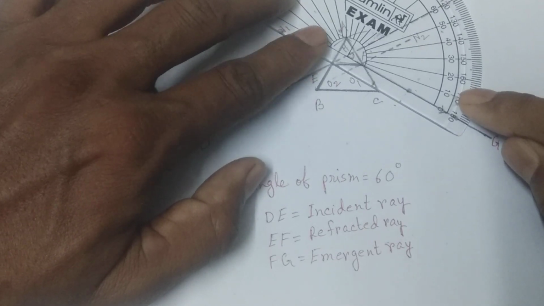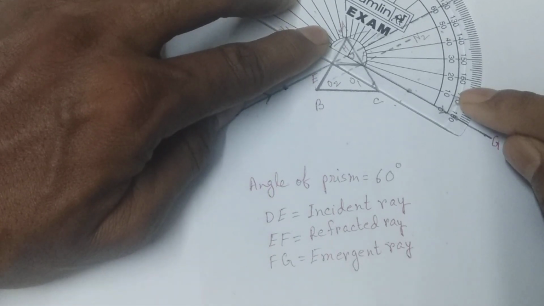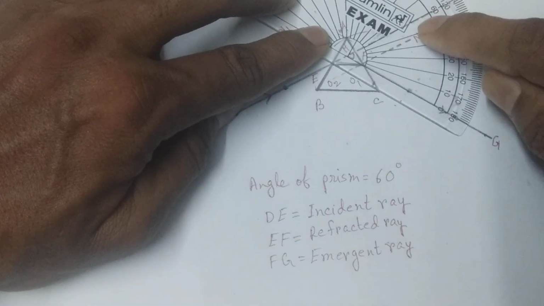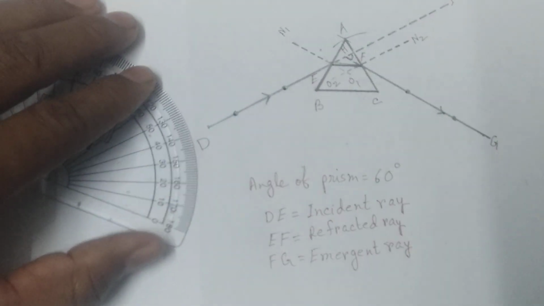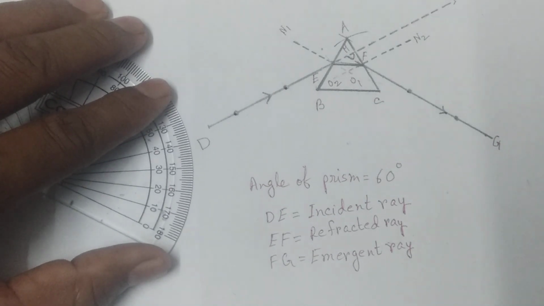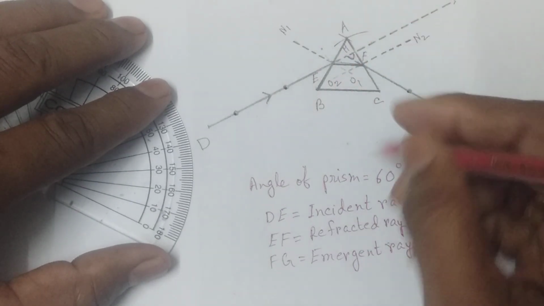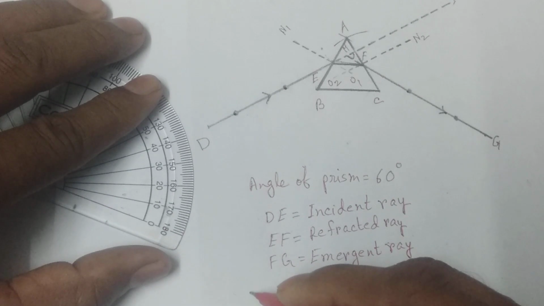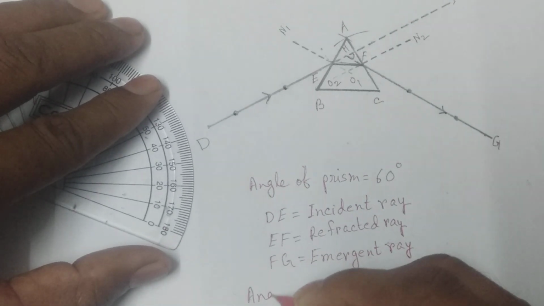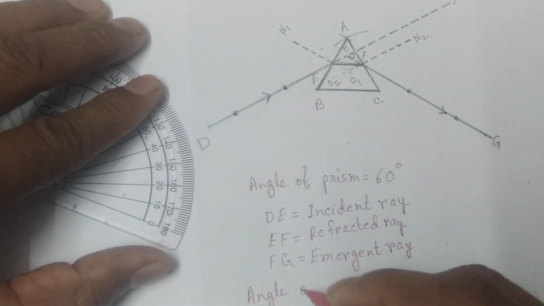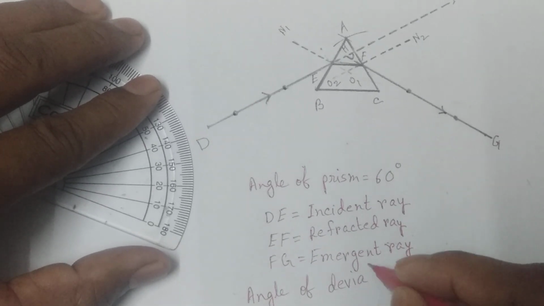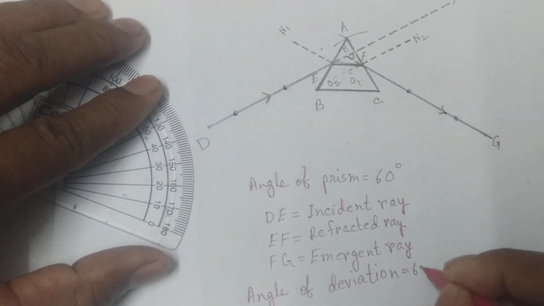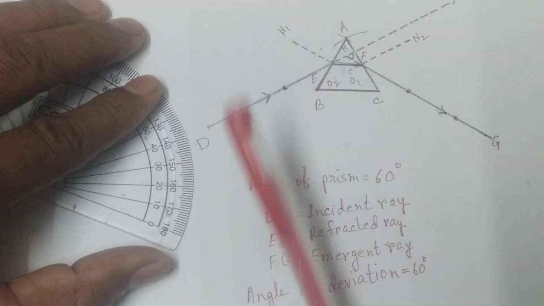Here you see that the angle of deviation is 60 degree. The angle of deviation is 60 degree. Therefore, we are writing here that the angle of deviation is equal to 60 degree, right?